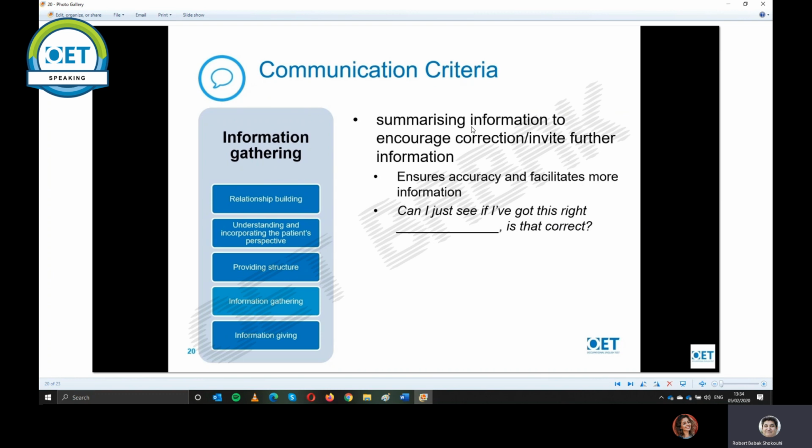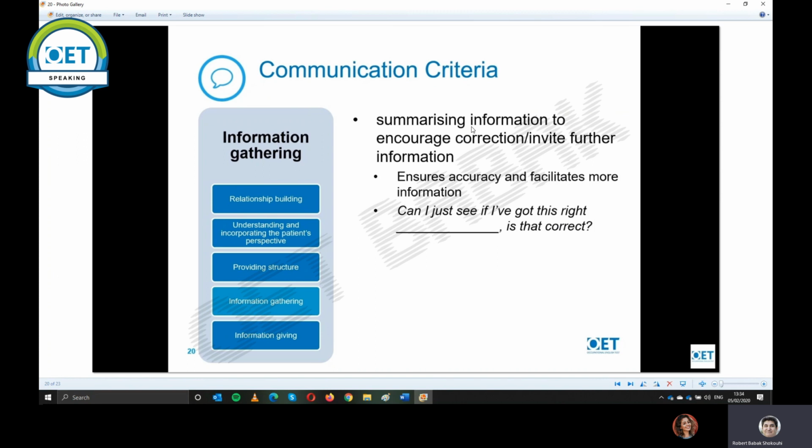Not necessarily at the end. You can summarize anywhere in your consultation. If you feel you're lost, or you need to ask more questions but cannot remember, you can summarize. Then you will have some time, and sometimes the patient helps you by adding information.